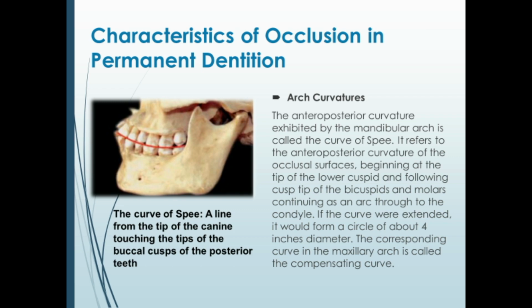It refers to the anterior-posterior curvature of the occlusal surfaces, beginning at the tip of the lower cuspid and following the tips of the bicuspids and molars, continuing as an arc through the condyle. If the curve were extended, it would form a circle of about 4 inches diameter. The corresponding curve in the maxillary arch is called the compensating curve.